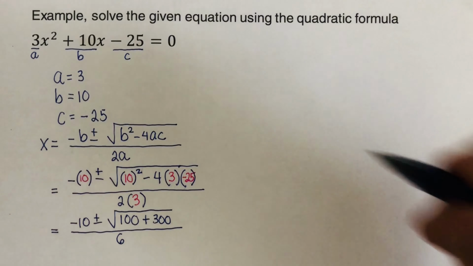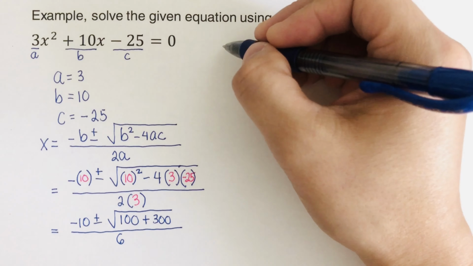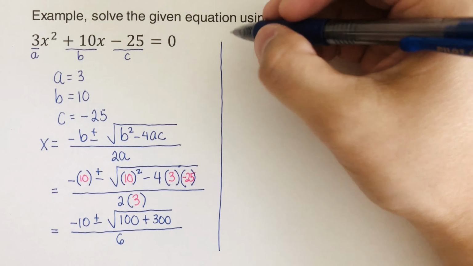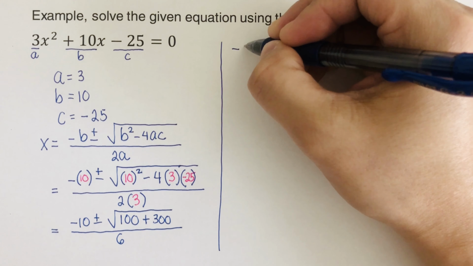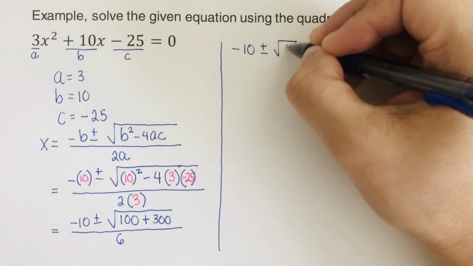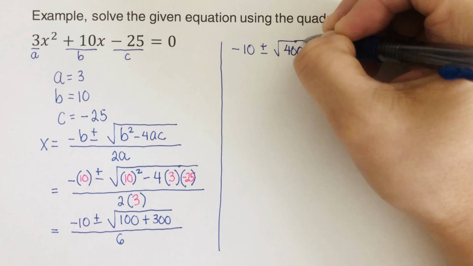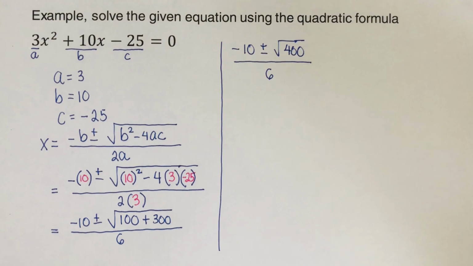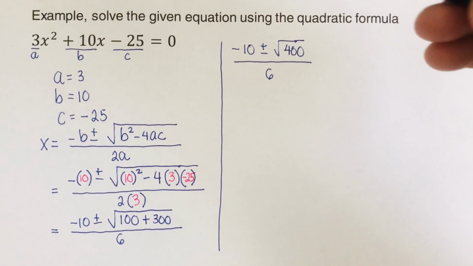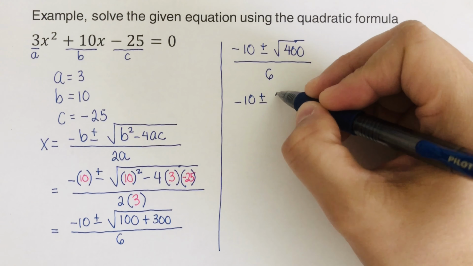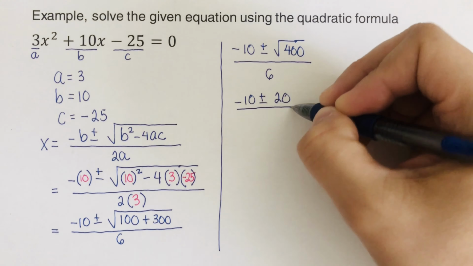And I'm going to continue the work over here on the side. So this would come out to negative 10 plus minus the square root of 400, over 6. And the square root of 400 is 20. So I can say negative 10 plus minus 20 over 6.